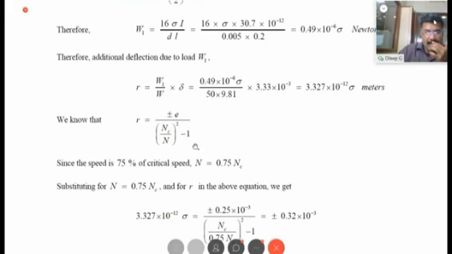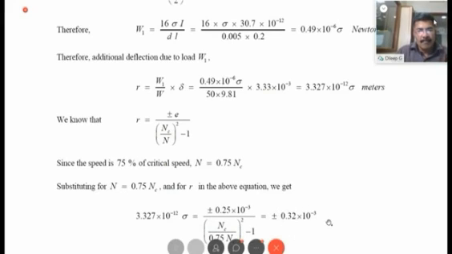That is plus or minus E, 0.25 into 10 raised to minus 3, divided by NC divided by N, where N is 75% of the critical speed, or 0.75. The whole square minus 1. Now this NC and NC cancel. 1 divided by 0.75 square minus 1. So if you do this, you will be getting plus or minus 0.32 × 10.